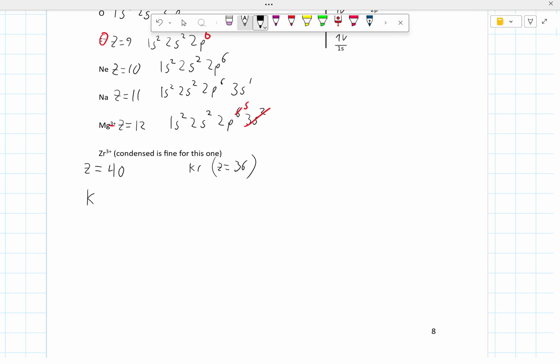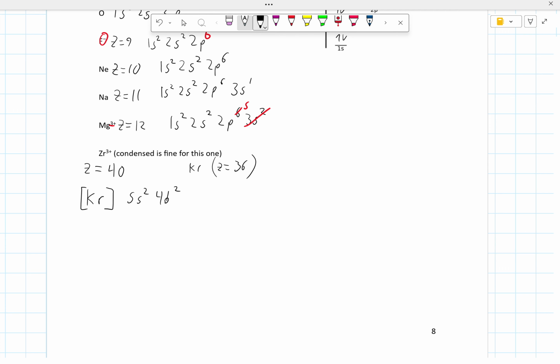So it will be krypton plus more. What do I need? I'll need my 5s2 and my 4d2. So that is zirconium.